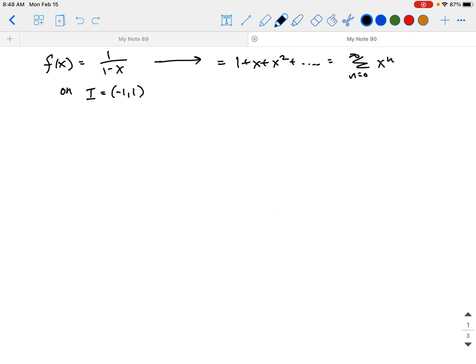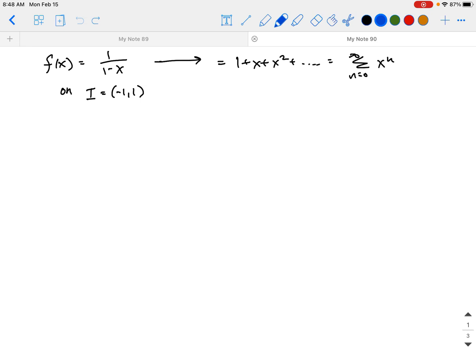To start, though, let's just look at the error in approximating a function with a power series representation. Suppose we have the function 1 over 1 minus x on the interval I, where I is -1 to 1. So we've got this familiar function, which we know is expressible as an infinite series.